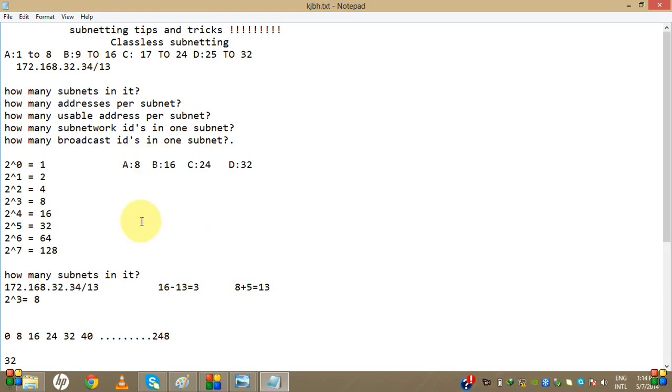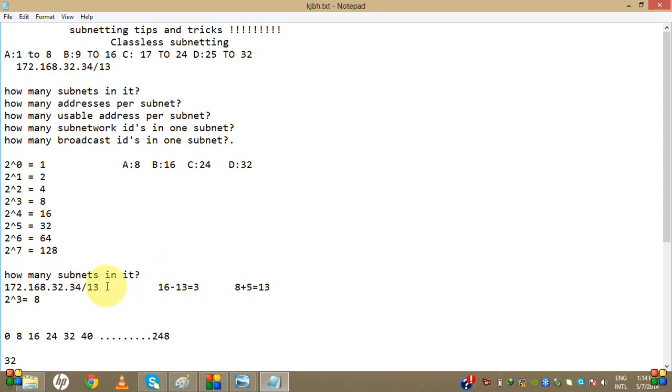The next value from 13 is 16, and the previous value is 8. I have to subtract 13 from 16, which is equal to 3.